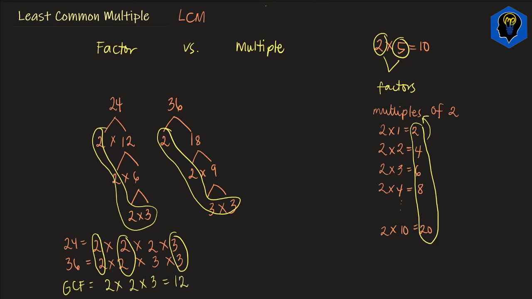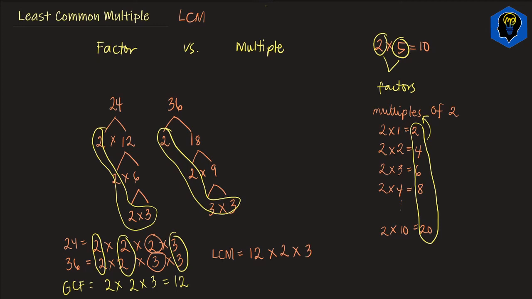Okay. Now, if you know the GCF, to get their least common multiple, all you need to do is write the GCF and you get the remaining factors for both 24 and 36. So that would be 12 times 2 times 3.